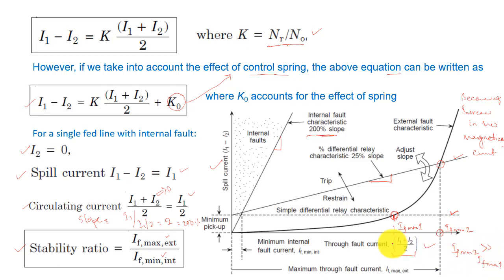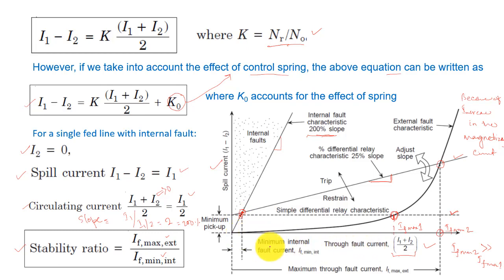Your IF min internal will be here, where your internal fault characteristic crosses this, and there is not much difference in IF minimum internal, very small difference.